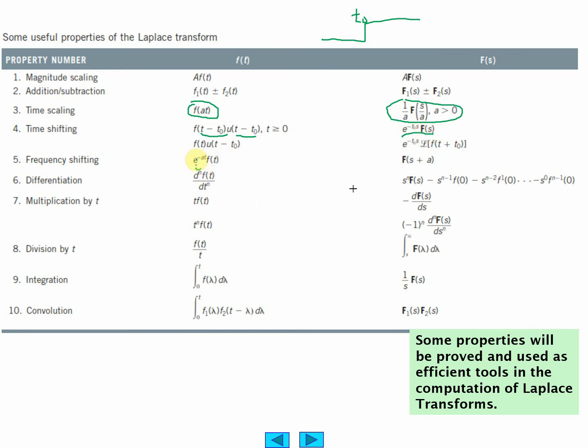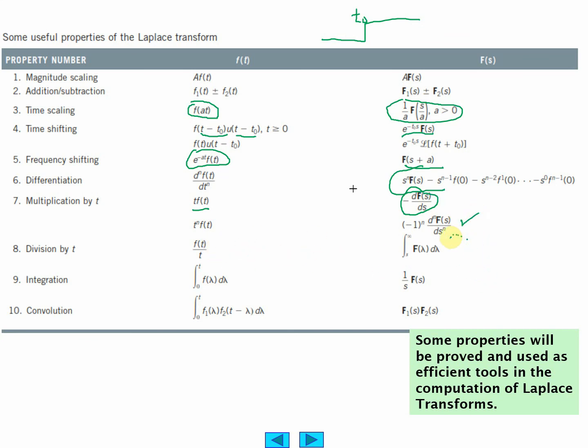Frequency shifting, there's that. Differentiation, you have this formula here. Multiplication by t, you get this, and so forth. t to the nth, there we go.